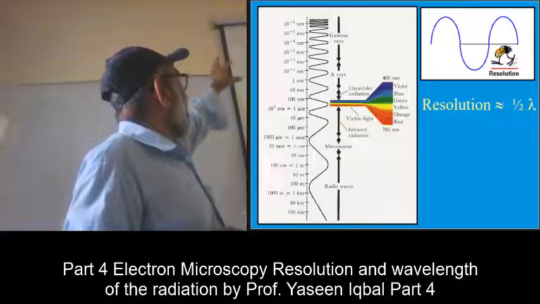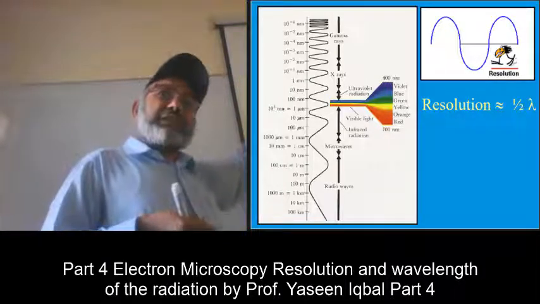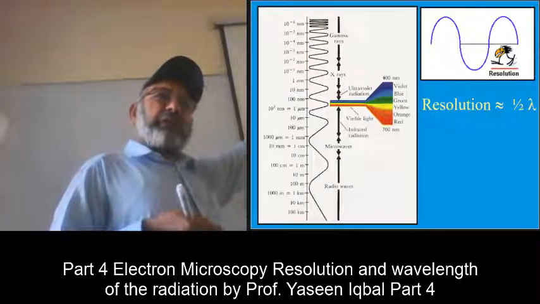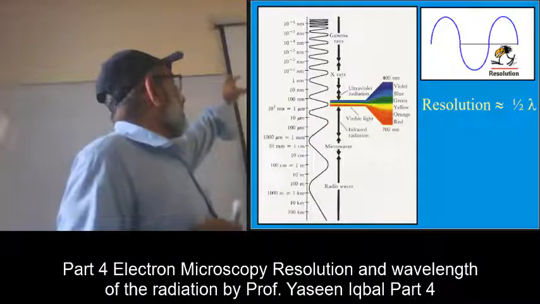So the range of gamma rays is from 0.1 to 10 power minus 5 angstrom. 10 power minus 5 means 1 over 100,000, right? Angstrom.